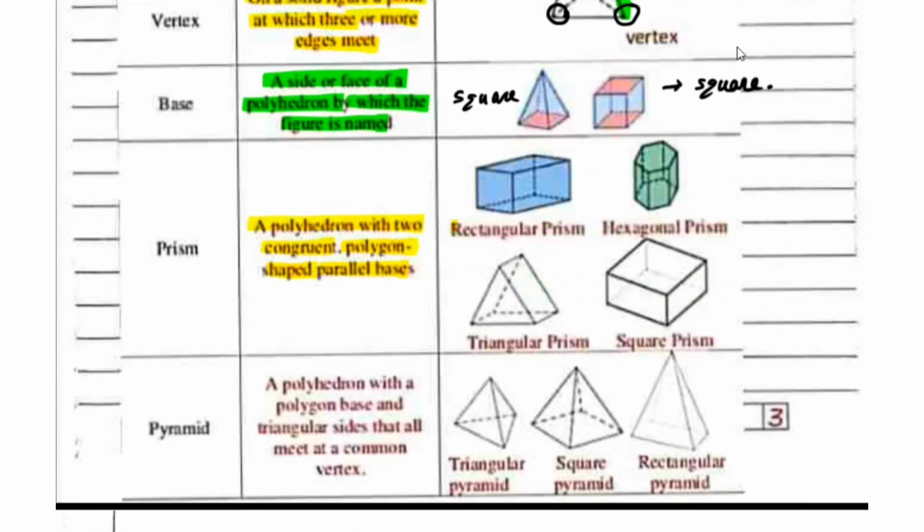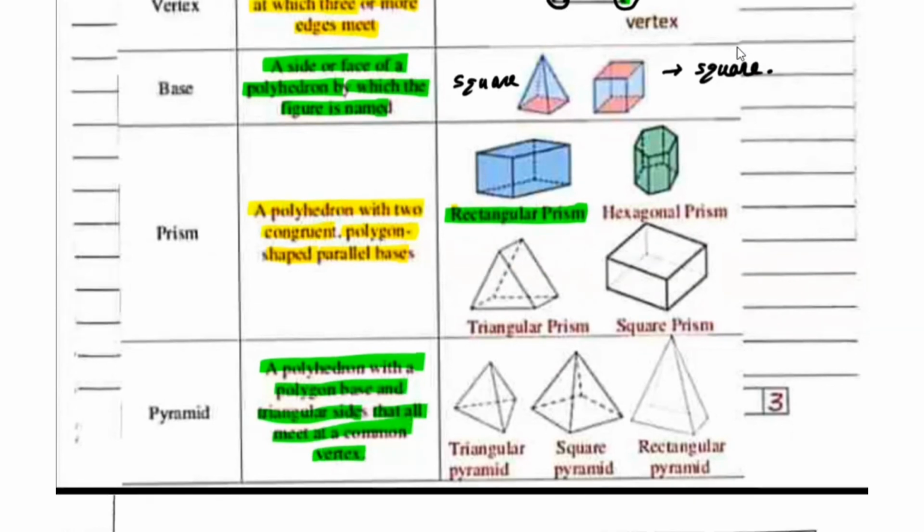Okay, now let us discuss pyramid. A polyhedron with a polygon base and triangular sides that all meet at a common vertex. Right? Now children, have a look. Here, the first figure is a triangular pyramid.